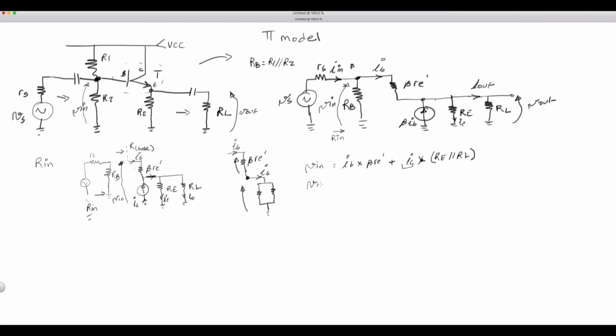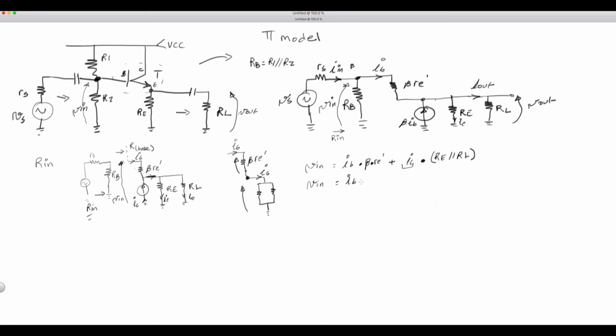So Vn, again, is going to be equal to IB times beta RE prime, and that's a times again. So let me just be clear on all of this. Just take out the X and just put a dot and do the same thing here. Dot, beta, dot, dot. Okay? Excellent. So dot is our multiply.